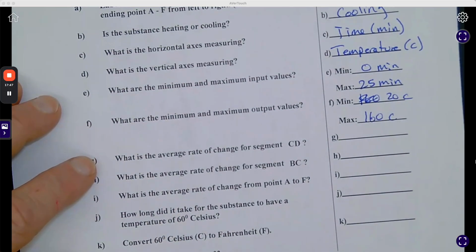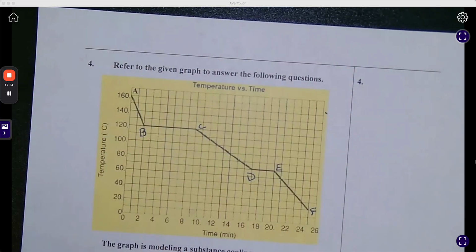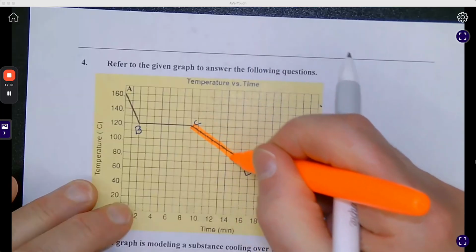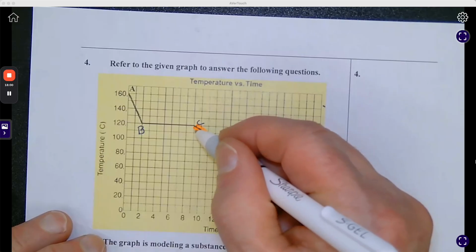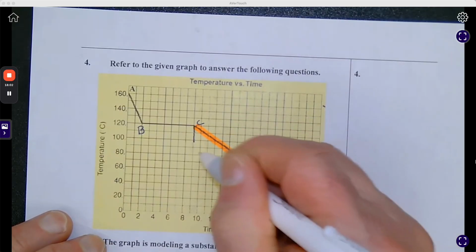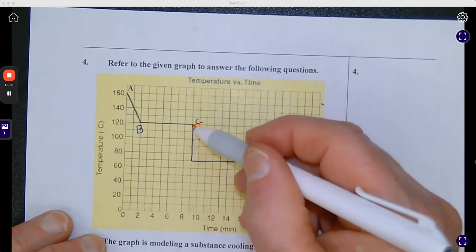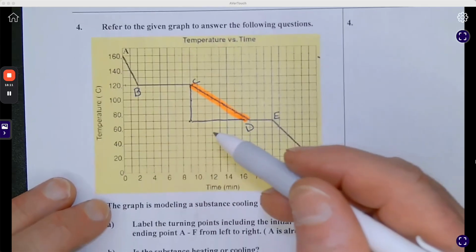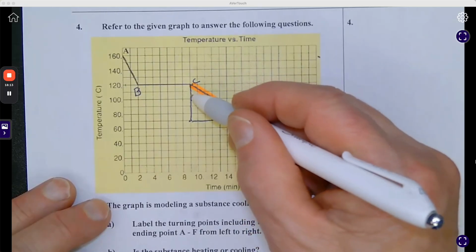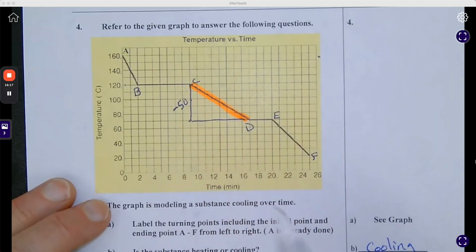What is the average rate of change for segment CD? Okay, well, here's segment CD right here. So the average rate of change is going to be change in Y over change in X. So I'm going to measure this distance divided by this distance. So from here to here, notice I'm going down by tens, right? So 10, 20, 30, 40, 50. So I went down 50.